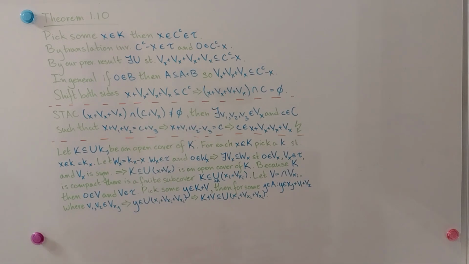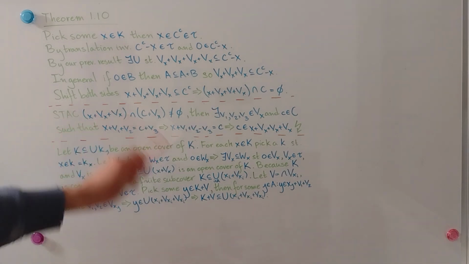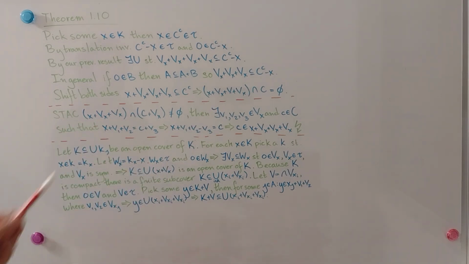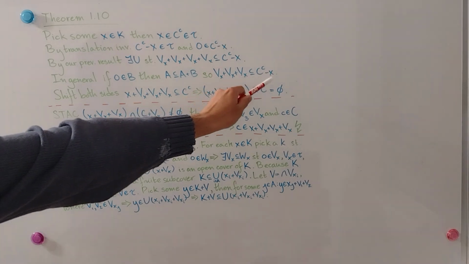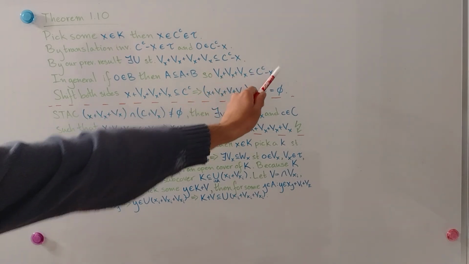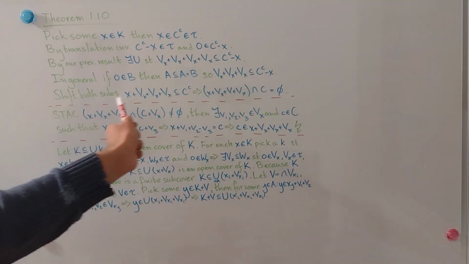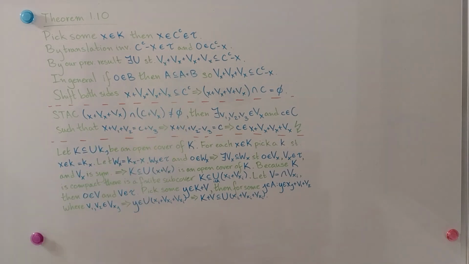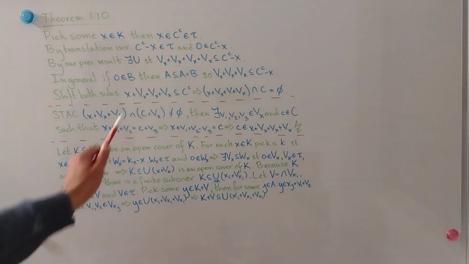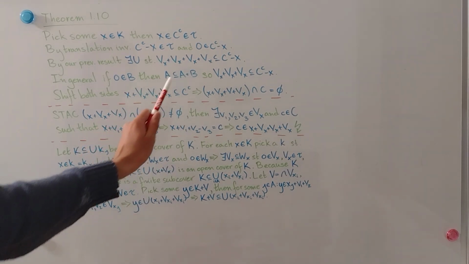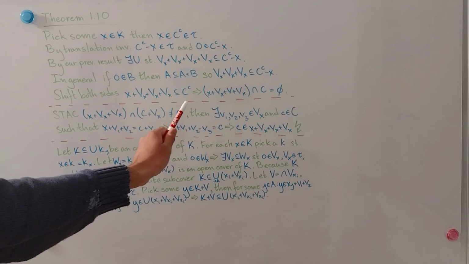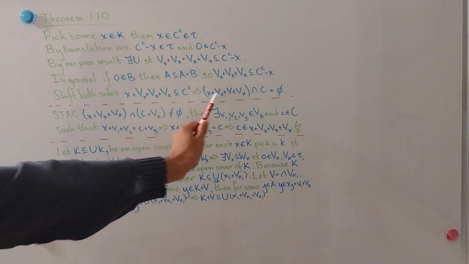And so we can say this is true. And then we can shift both sides. We can add x to both sides, because x is, again, just an element. It's not a set. It's just a single element. So we can shift both sides, and we can get this relationship. But of course, if this set is a subset of C complement, then of course it can't be in C, so the intersection is empty.